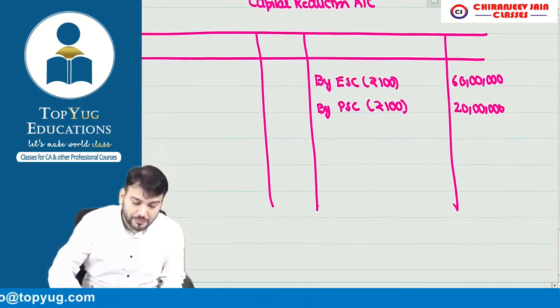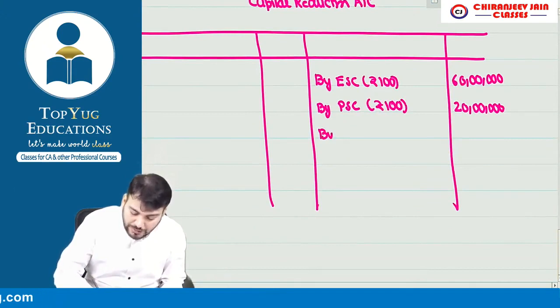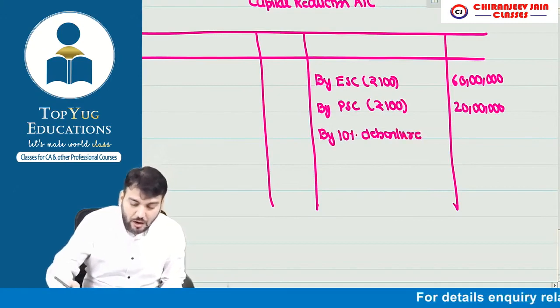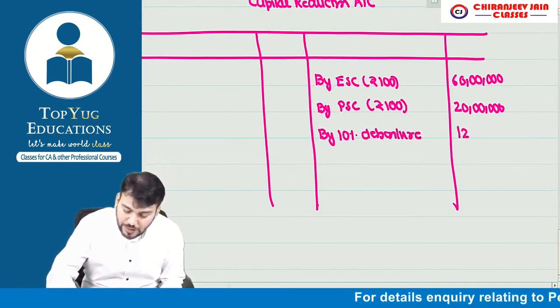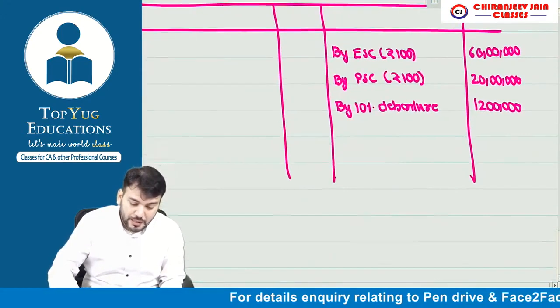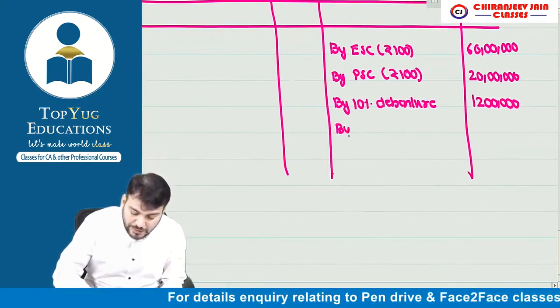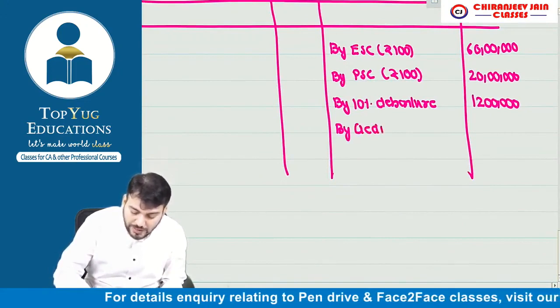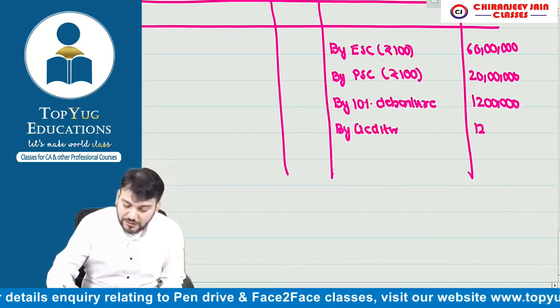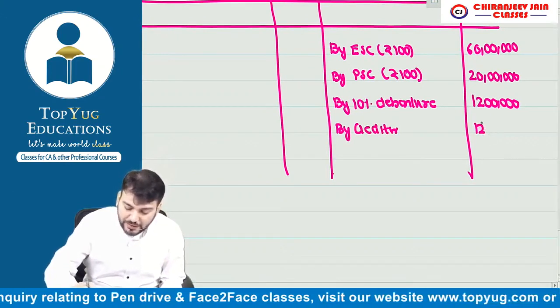Then by 10% debenture, how much? 12 lakh. Then by creditor. It is how much? Once again, it is 8 lakh.